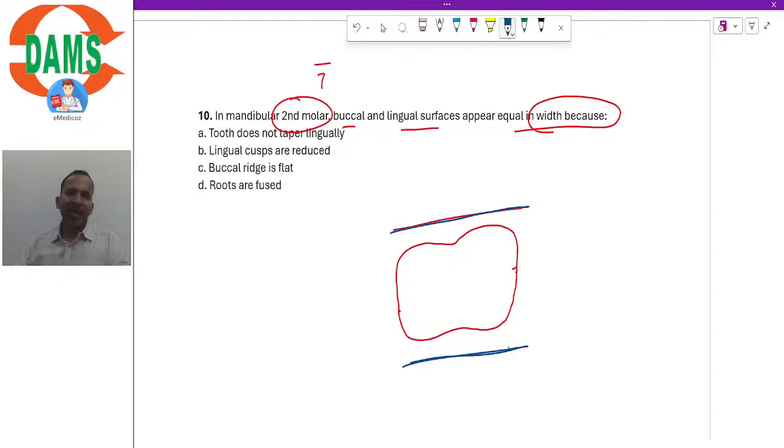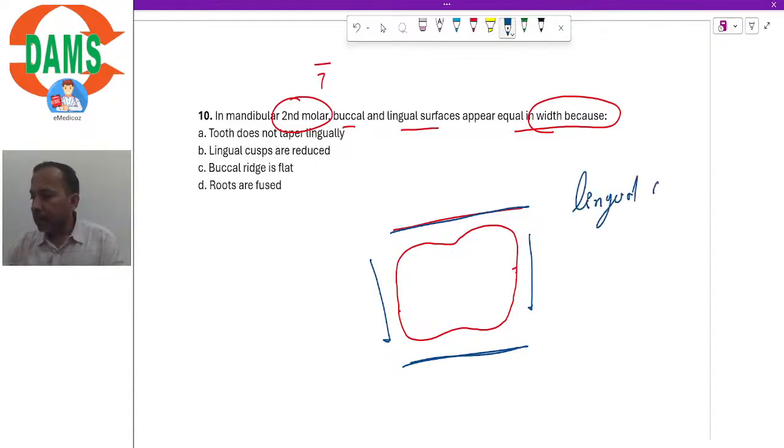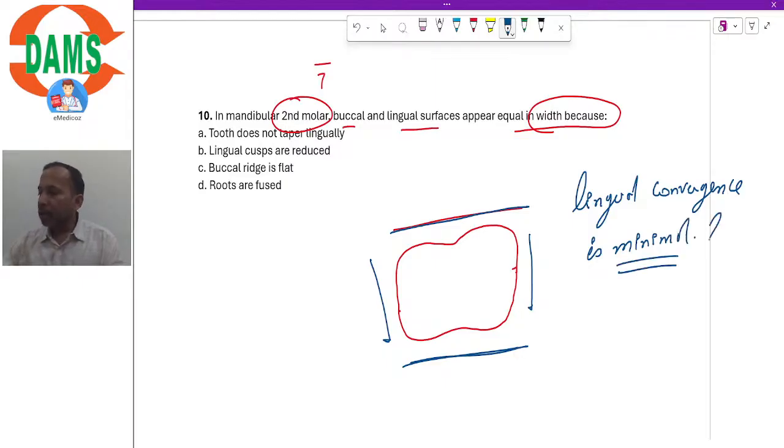When we say that they appear equal, what we mean is that the lingual convergence is minimal, isn't it? So why is the lingual convergence minimal? Who does not taper lingually?